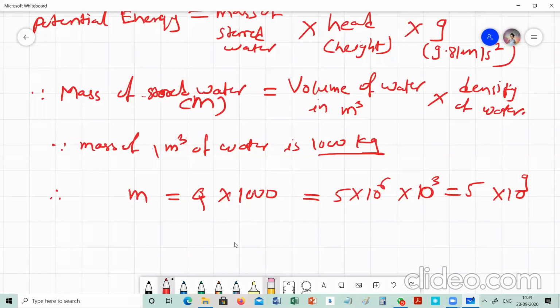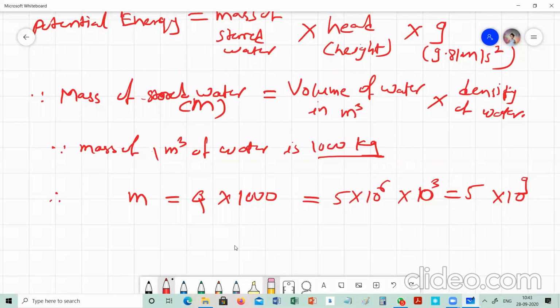Now we have the mass, we have the head, and we know the acceleration due to gravity g, so we can calculate the potential energy.